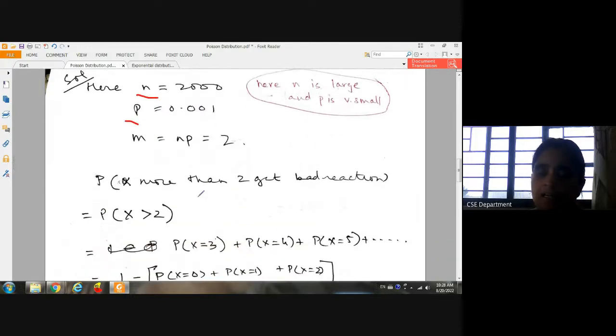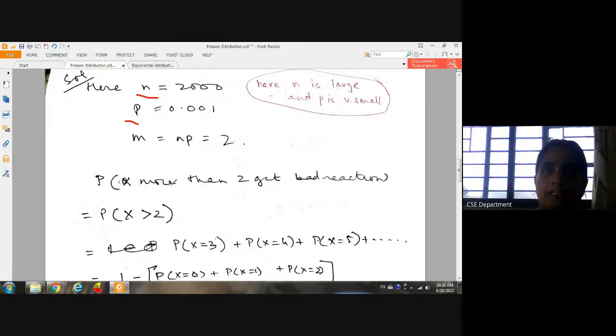Then what has the problem asked? Find the probability that more than 2 individuals get a bad reaction. Now they are giving an injection, and the chance of getting a bad reaction is 0.001.